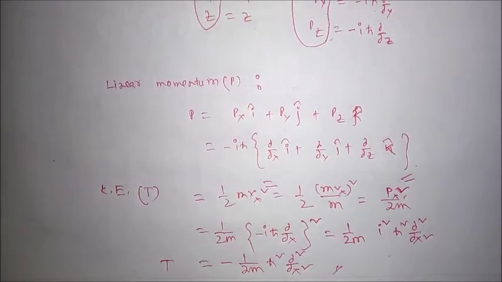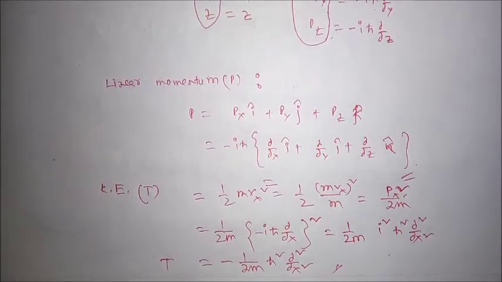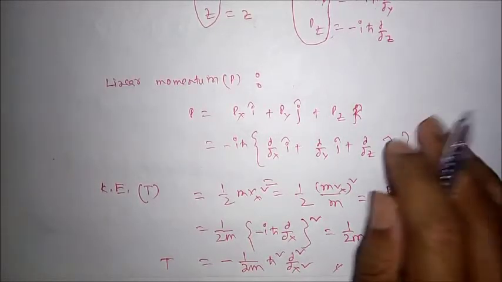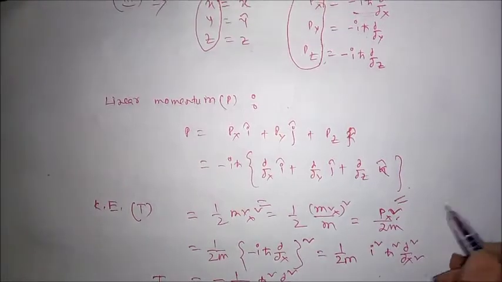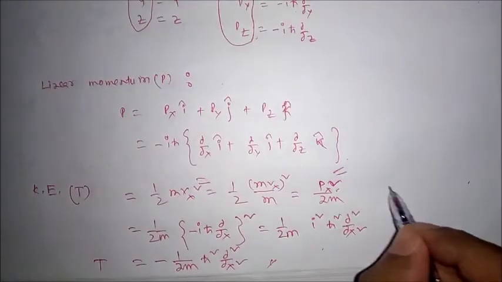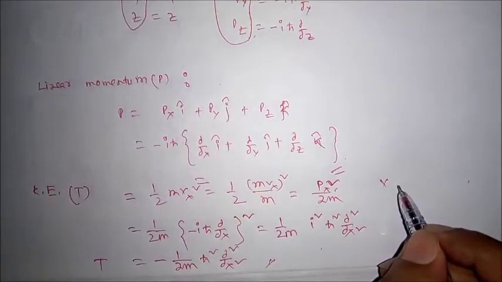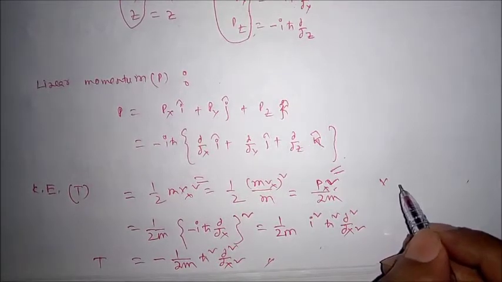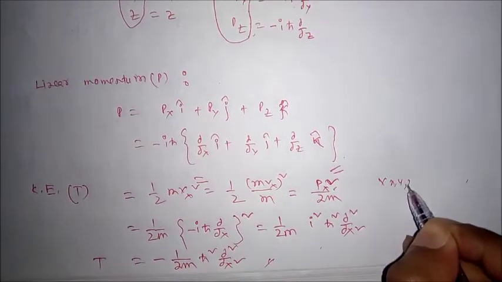Now we'll see the operator for potential energy. Potential energy V is generally expressed in terms of the three coordinates x, y, z.